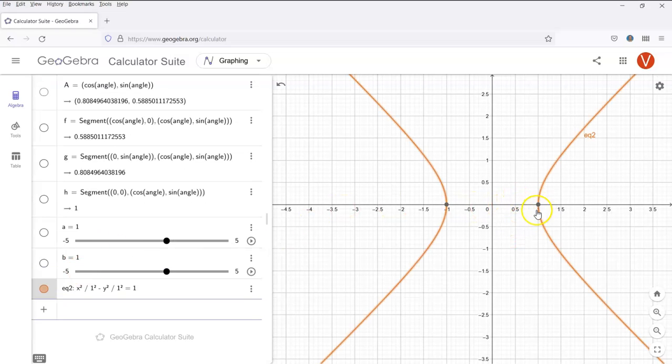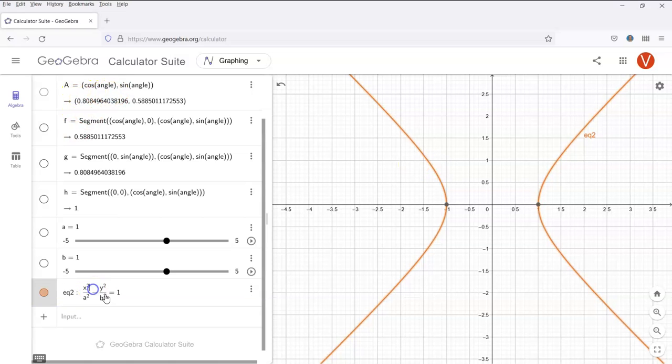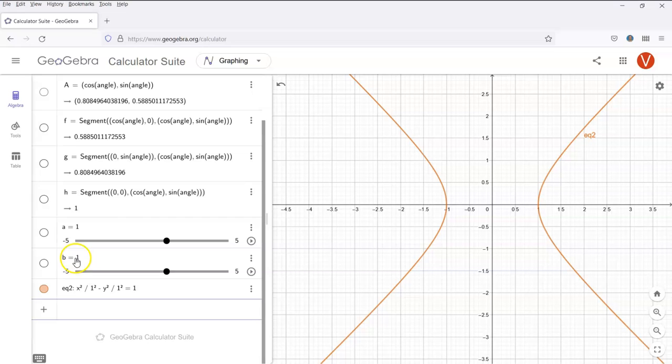So that gives us this hyperbola. Now we will use the same angle. Since I have used the variables a and b, it has automatically created the sliders. By default it set it as 1, and since we want it to be a unit hyperbola, we'll leave it as 1.